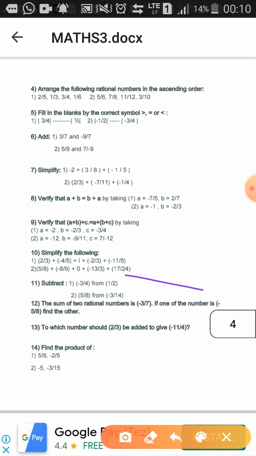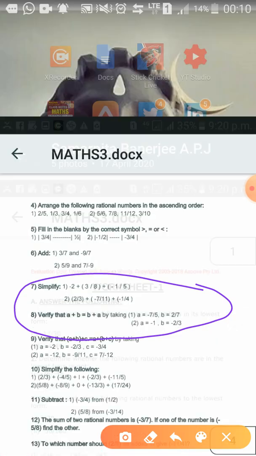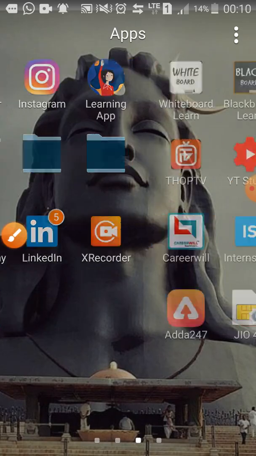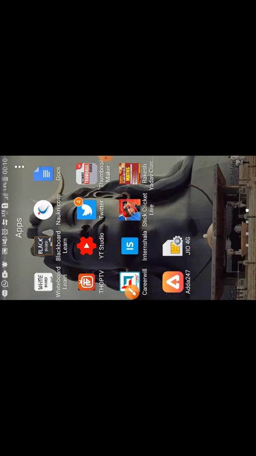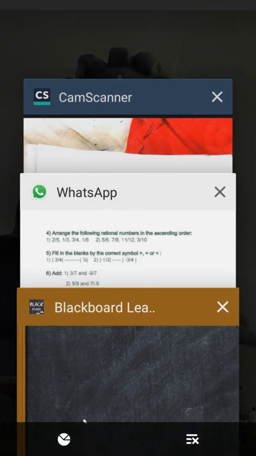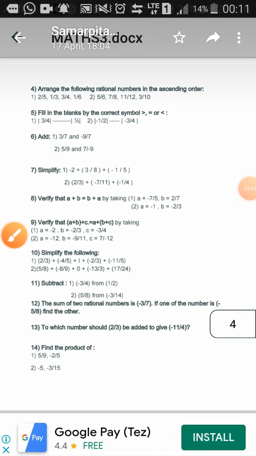And then here you have one sum: the sum of two rational numbers is minus 3 by 7. If one of the numbers is minus 5 by 8, find the other. So the sum of two rational numbers is minus 3 by 7, and one of them is minus 5 by 8.